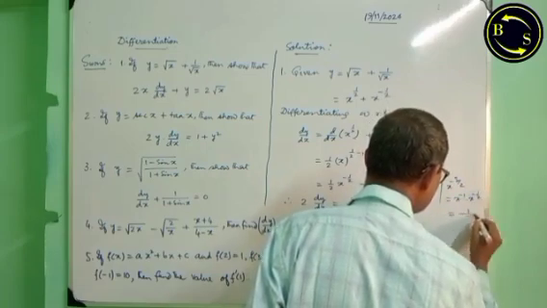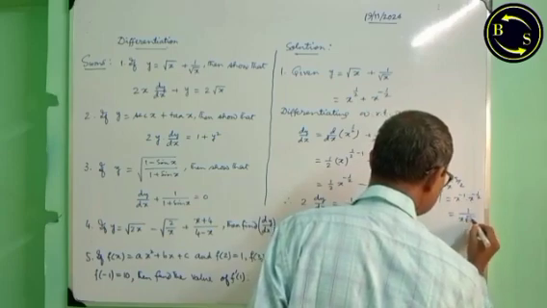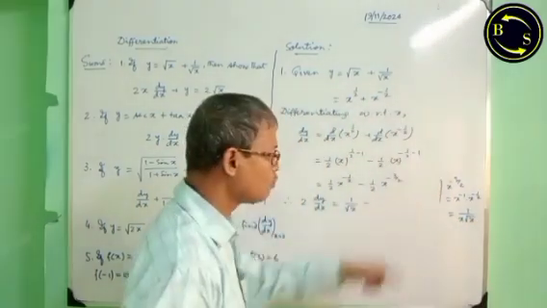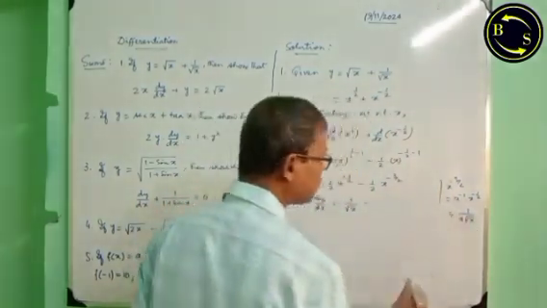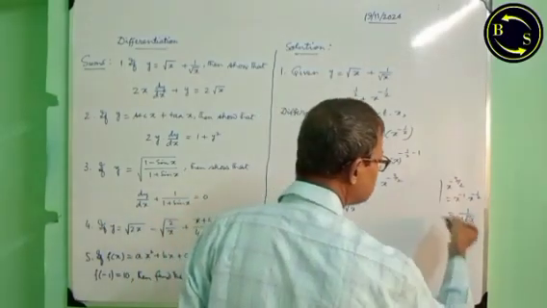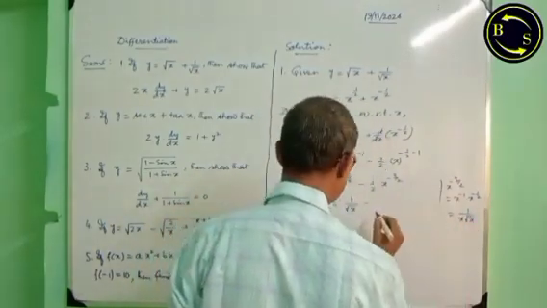That can be written as 1 by x root x. Note this step. On the right side you can simplify this one and write here the simplified form.